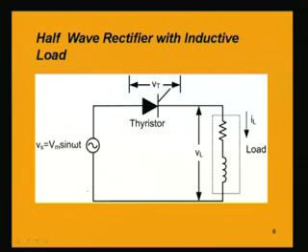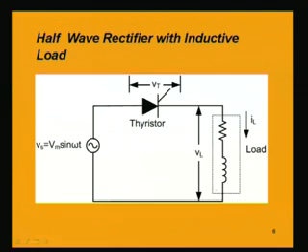But here, after the thyristor stops conducting, what will be this voltage? After the thyristor stops conducting, there will still be current flow for some time.